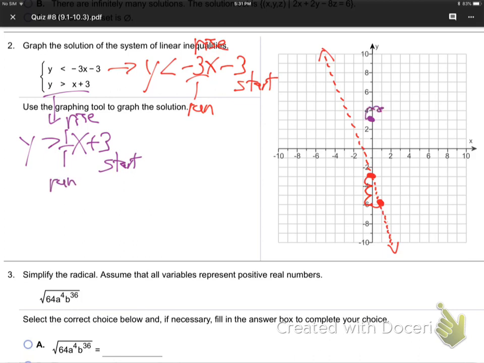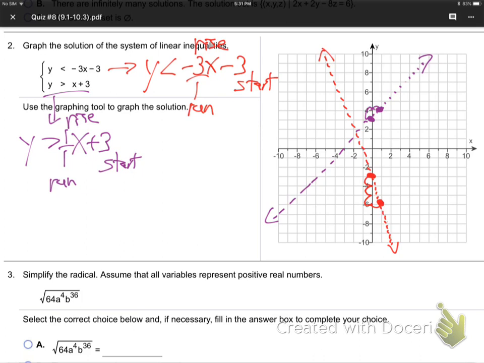So up 1 over 1, there's the other dot. This one's dotted as well. Because why are they dotted? Because they don't have the equals bar. It should be greater than or equal to make a solid line. If they have the solid bar, it's a solid line. If they don't, it's a dotted line.